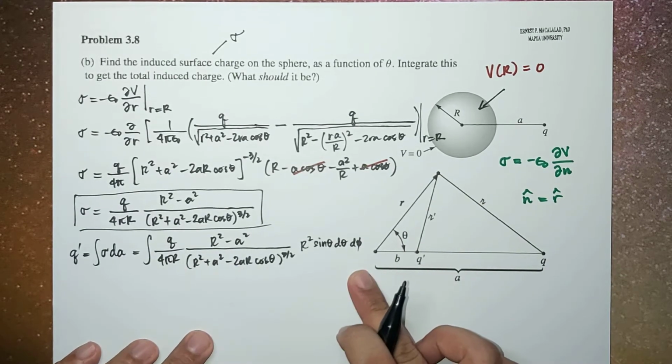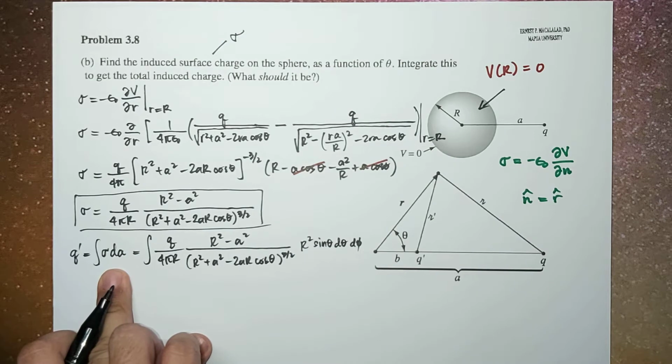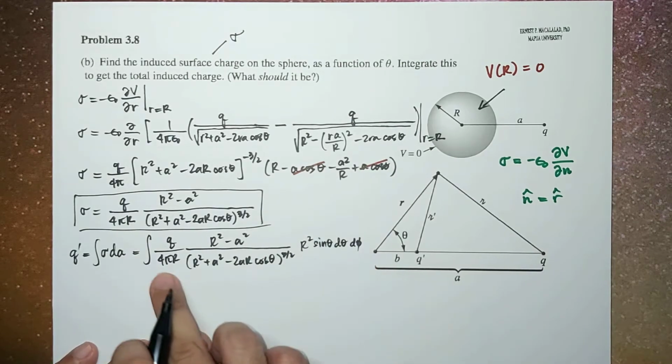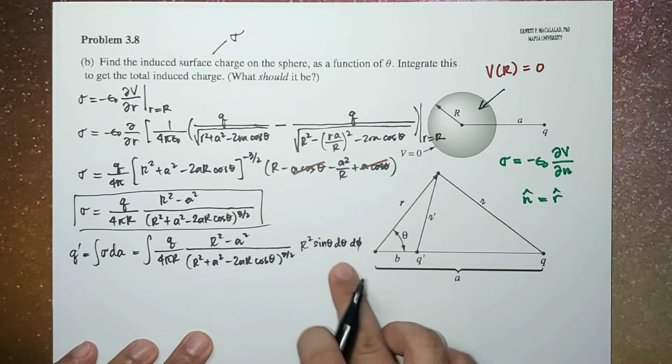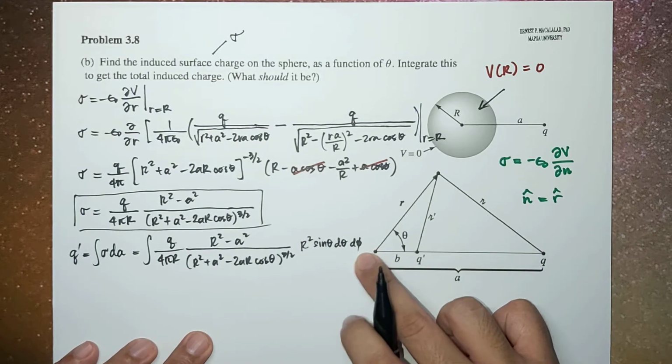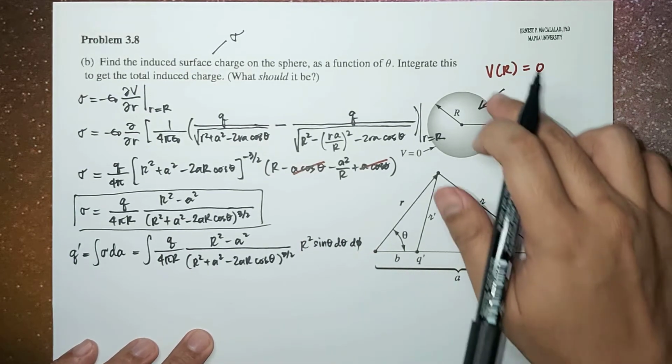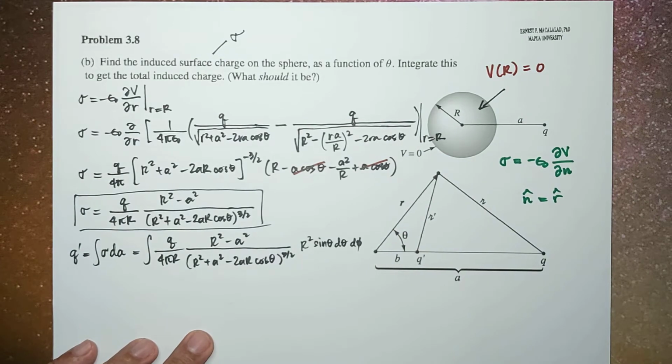So this is a double integral because this is a surface integral. Okay, and this whole thing is only a function of theta except for this d phi. So when you integrate d phi for this whole sphere, that is just equal to 2 pi.